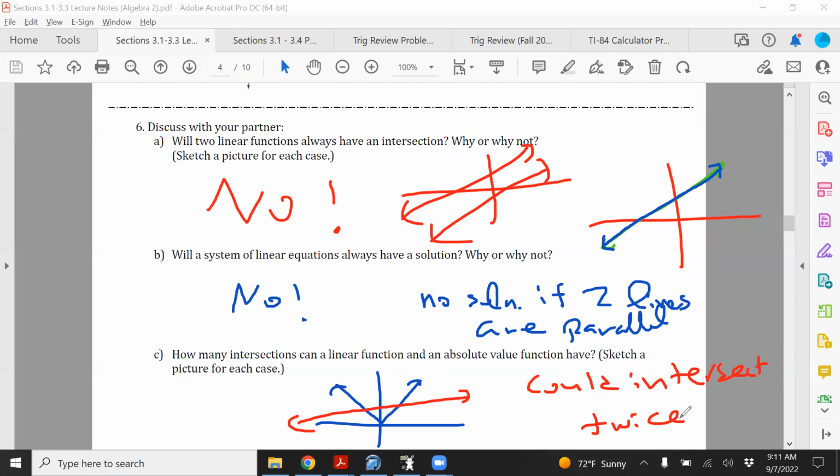They can also not intersect. This line could be directly below, or they can intersect just once, depending on how that line is situated. We'll talk about number 5 on Friday, because number 5 is kind of like part C of number 6. Yes, they could.